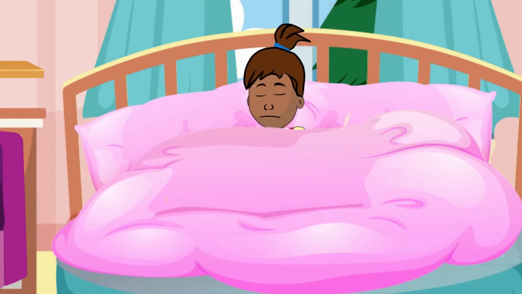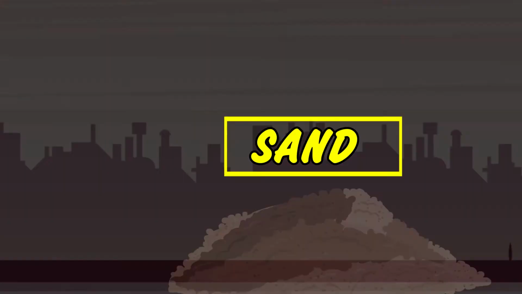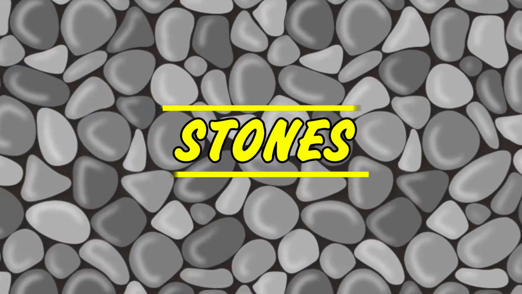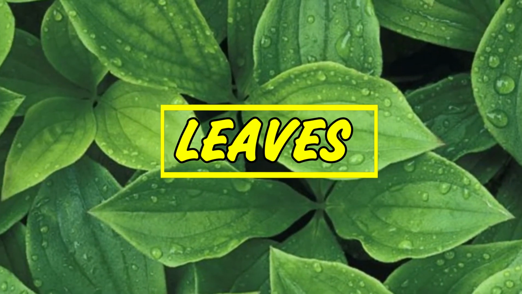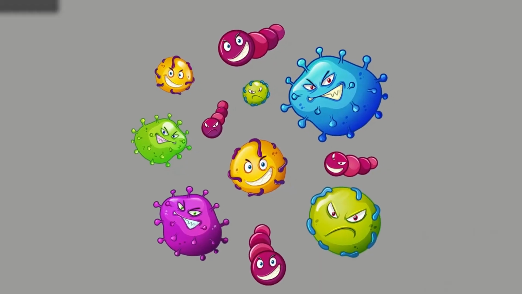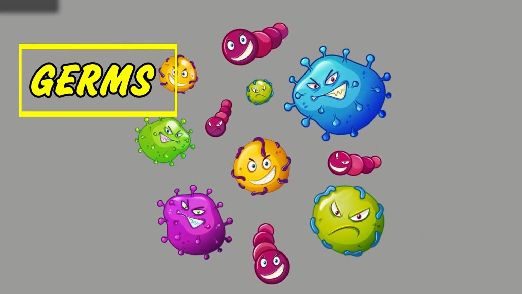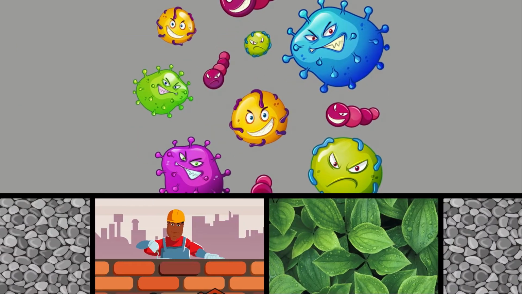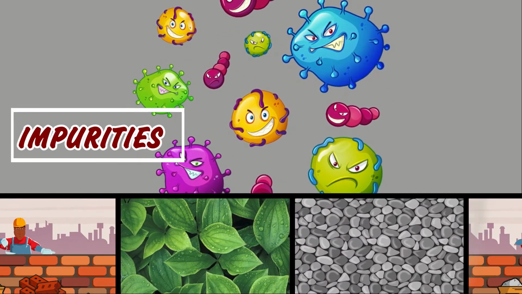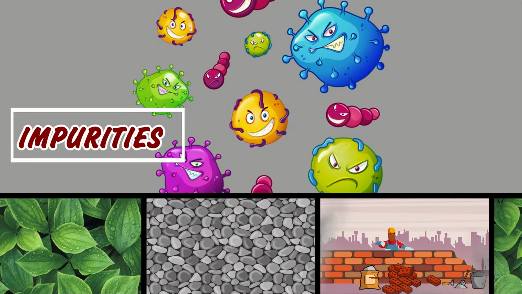These things include sand, dust, stones, leaves, and very tiny living things called germs. These things are called impurities, and most water on earth contains them.